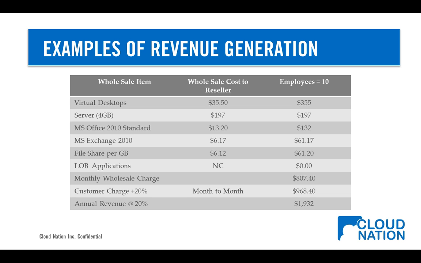If you need to scale up or scale down your server and capacity because you feel it needs to run a little better and have a little bit more room, you can do that as well. You can change that month to month. This is really a super flexible environment. And then you can see the annual revenue there that would go to the reseller of almost $2,000 in just a 10 employee piece.